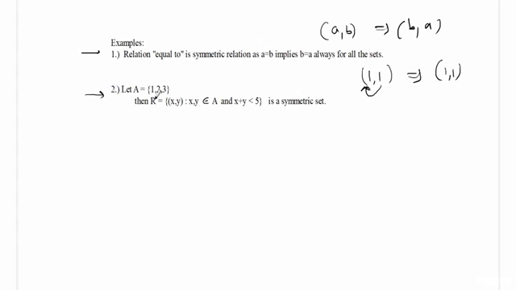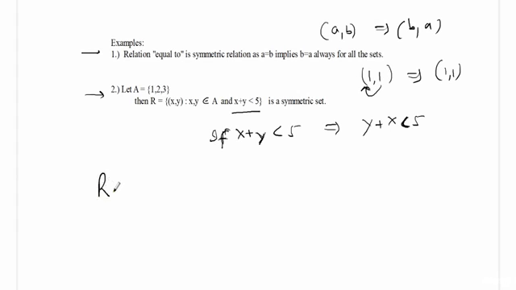Similarly, let's see another set, A = {1, 2, 3}. It says R consists of ordered pairs (x, y) such that x and y belong to A and x plus y should be less than 5. If you see this, you can clearly see that if x plus y is less than 5, then this will also imply that y plus x should also be less than 5, because we just interchanged x and y, but it's still an addition, so it doesn't affect the sum. This means both kinds of ordered pairs, (x, y) and (y, x), are possible.